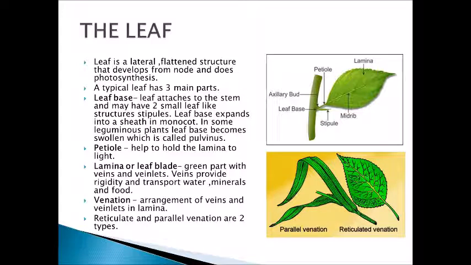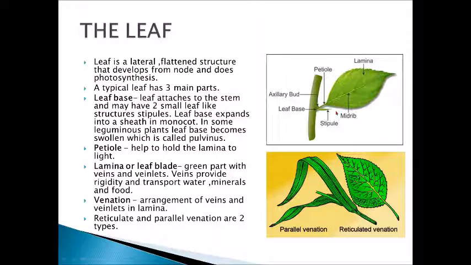And the third main part, the main green dorsoventrally flattened part of the leaf, is called the lamina or leaf blade. It is the green part with veins and veinlets. This is the main one, called the midrib, and these structures are the veins, and the smaller ones are the veinlets.